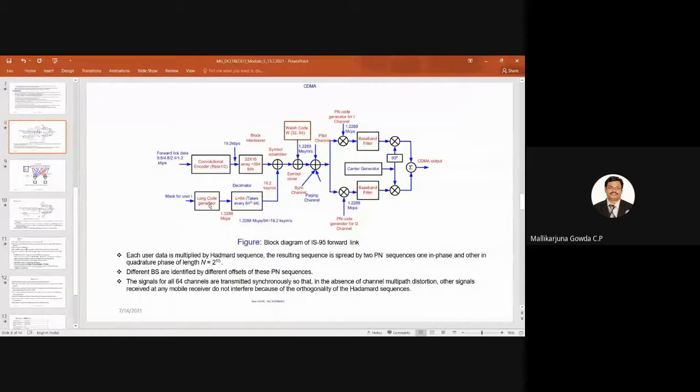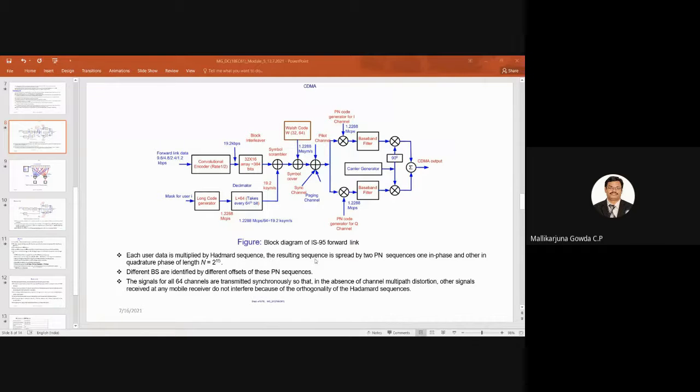Here I said the long code sequence provides a rate of 1.2288 Mcps that has been decimated by 64 to get a symbol rate of 19.2 kilosymbols per second. So here also 19.2 kbps, and those two are scrambled. I said the purpose of scrambling is to provide more security for the call, right? Then each user's data is multiplied by this Hadamard sequence.